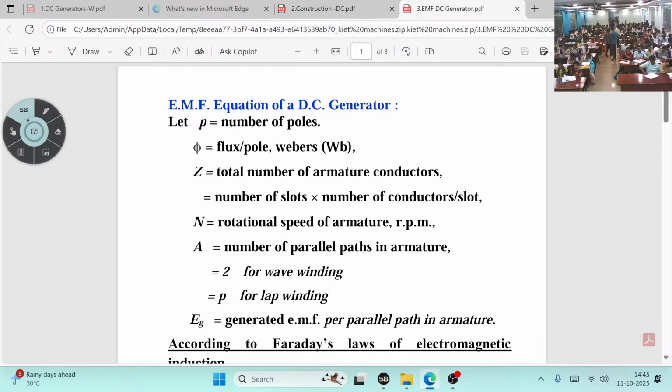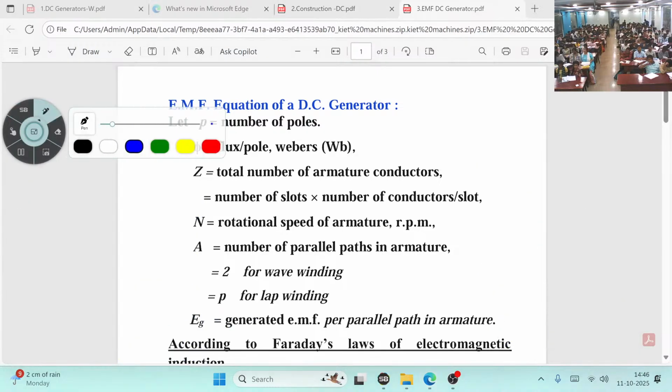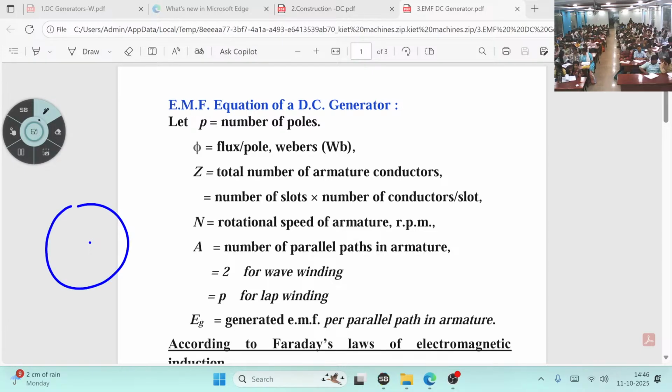The total number of armature conductors can be obtained by using a formula. How will we get the total number of conductors? The rotor is having slots.